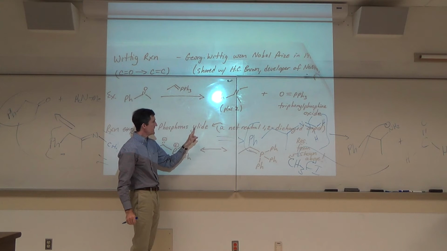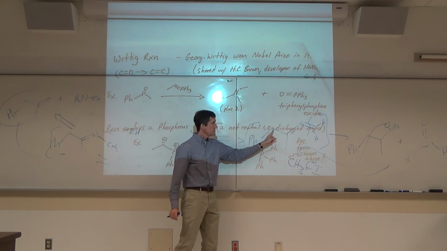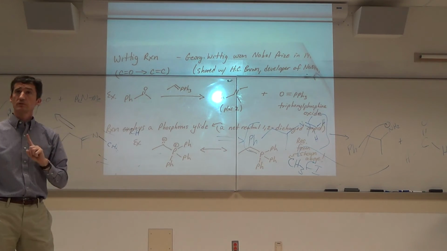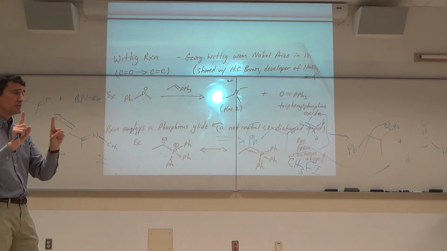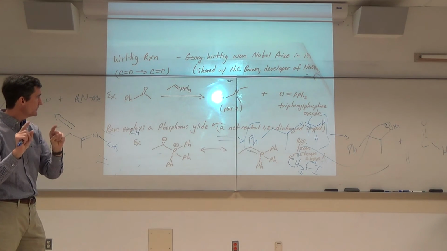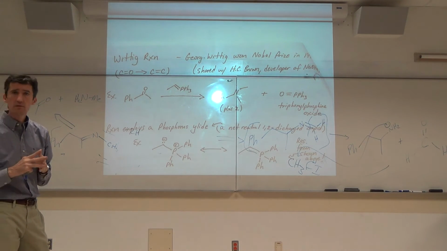An ylide is a neutral compound. It's net neutral, but it has 2 different charges. So since it's net neutral, one charge is plus, one charge is minus. And the 2 charges are next door to each other.